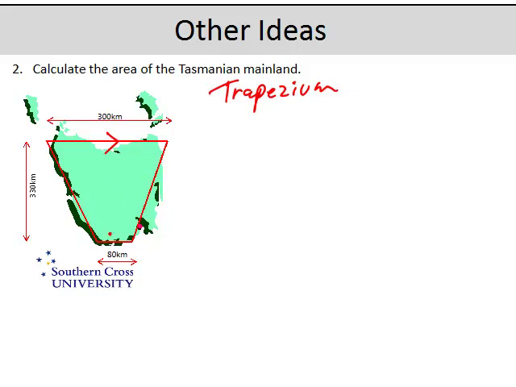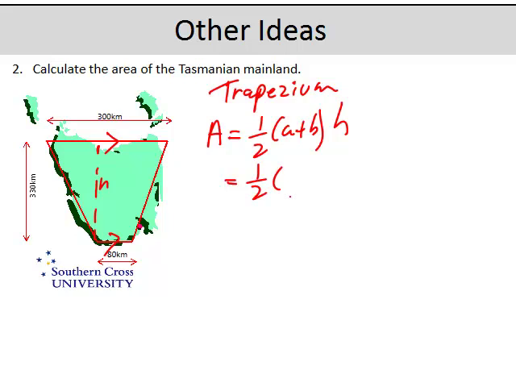These are our two parallel sides, and our height here is 330 kilometres. So that means that our area is a half A plus B times H, which is a half of 300 plus 80, times our height, 330, which is a half times 380 times 330.